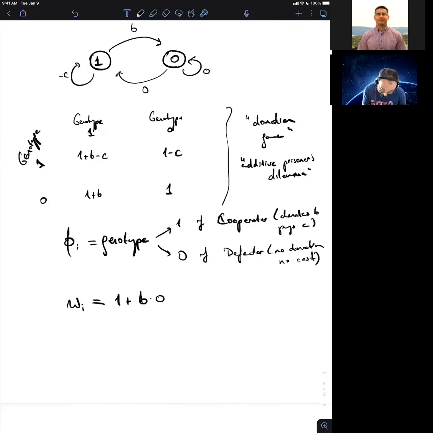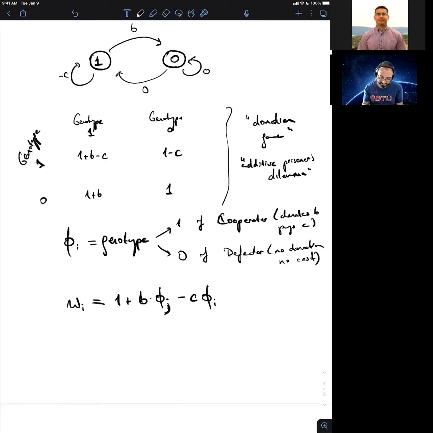If you multiply B with phi J, then you account for that, because if phi J is 1, then you get that B, and if phi J is 0, then you don't get that B. And then you pay this cost C, but only if your own genotype is 1. So if your partner's phi J is 1, you get this benefit B, and if your own phi I is 1, then you pay this cost C.